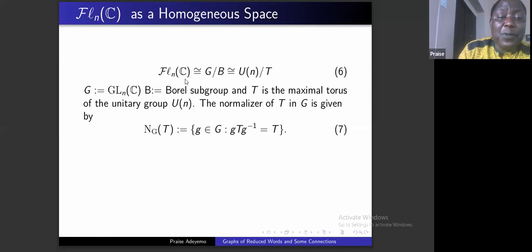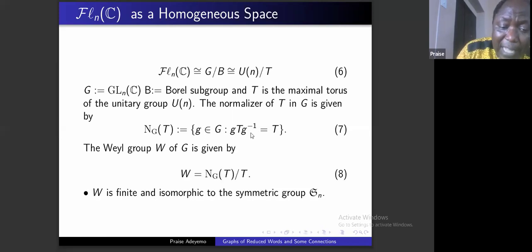Now from that, I can talk about the normalizer of T in G. That will be the monomial matrices here. From there, I can talk about the Weyl group, and that is the beginning of the excitement. The Weyl group of G is the normalizer of T in G modulo the centralizer of T in G. Since I'm working with the general linear group, I'm working with type A, and in type A this is finite.